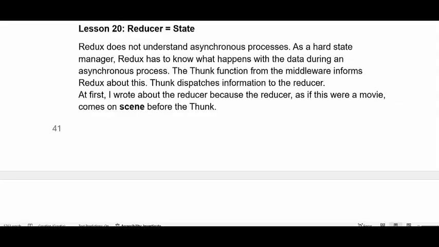Thunk dispatches information to the reducer. At first, I wrote about the reducer because the reducer, as if this were a movie, comes on scene before the thunk.